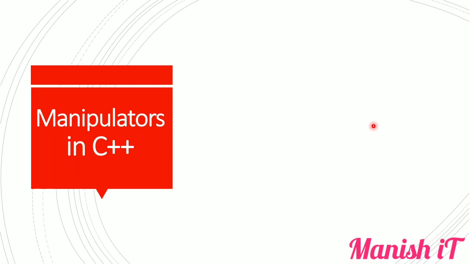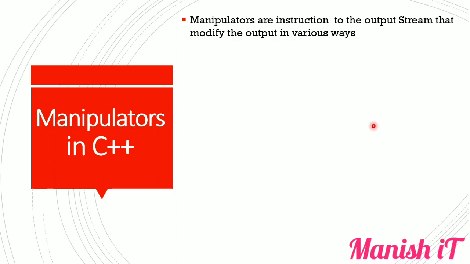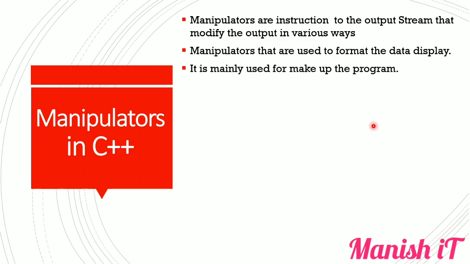Manipulators in C++. The first point is that manipulators are instructions to the output stream that modify the output in various ways. Second, manipulators are used to format the output display. Third, they are mainly used to make up the program.